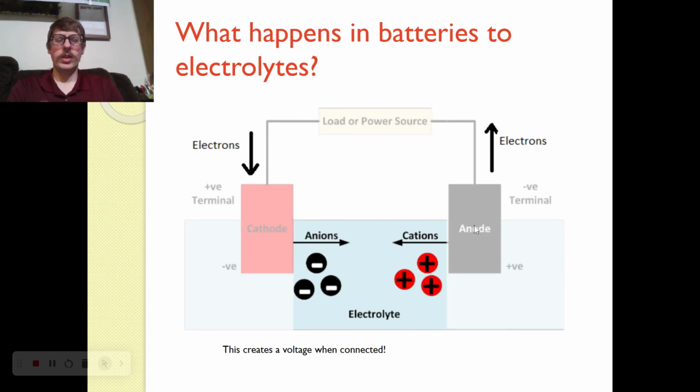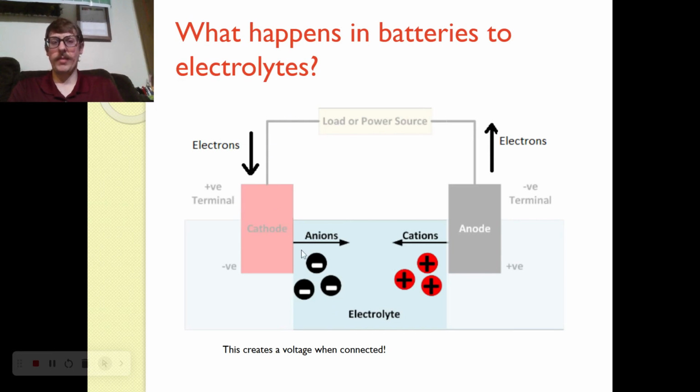So an anode is going to give up electrons. You see the electrons leaving the anode and going to the cathode, and the cathode wants those electrons. It's actually going to take them in, and the reason for that, as we'll talk about later, is that these electrolytes, the cations, are going to be pulled to the cathode because we're getting positives there.